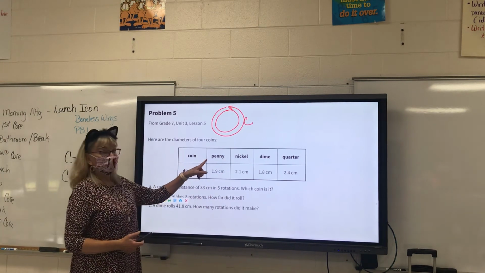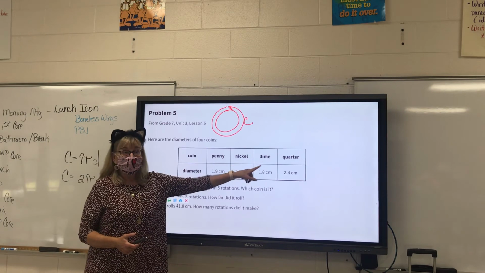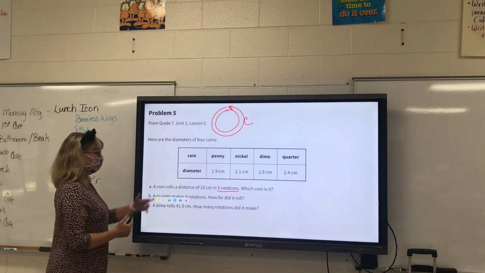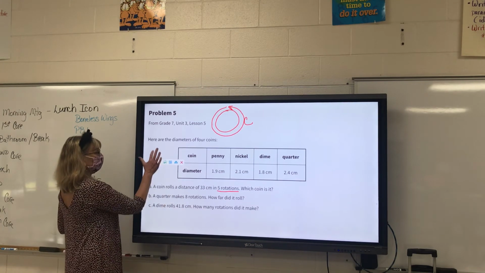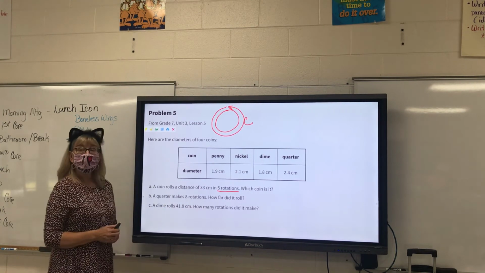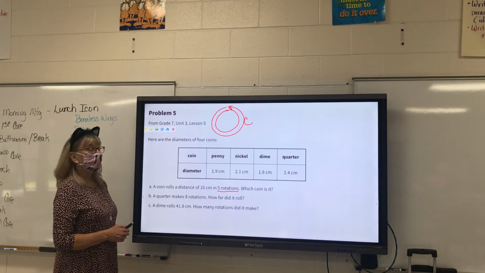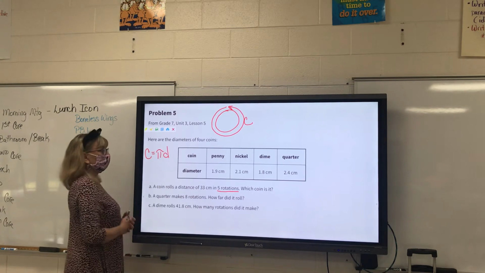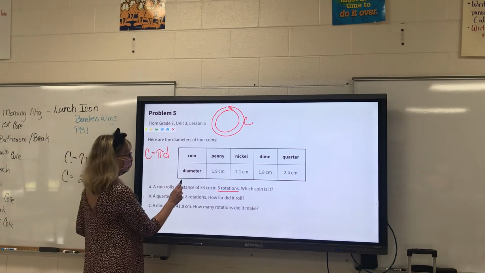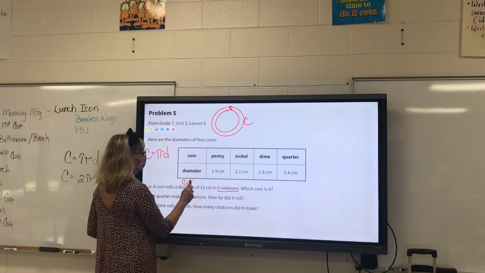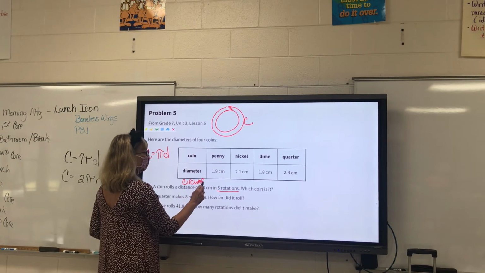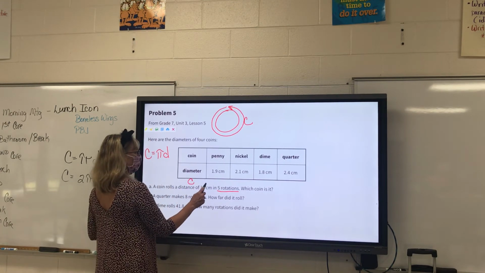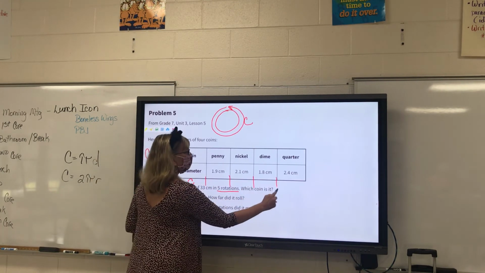So we need to find the circumference of each of these and then multiply it by 5 and see which one is 33. Okay, how do we find circumference? Diameter times 3.14. All right, so let's add a column here for circumference. I didn't leave enough room, so I'll just put a big C. All right, so let's find the circumference.